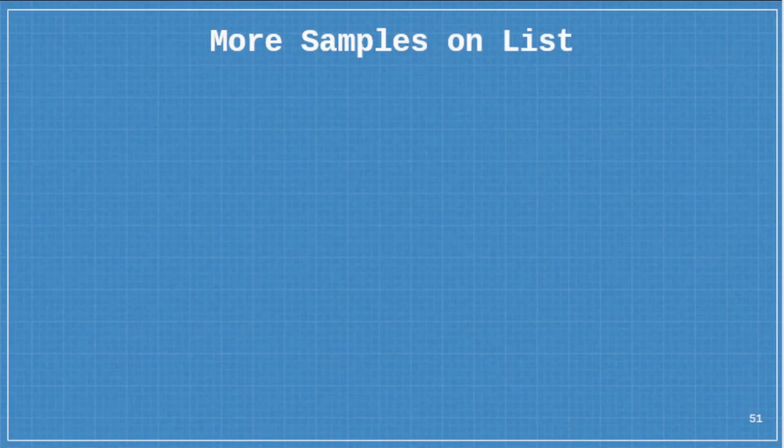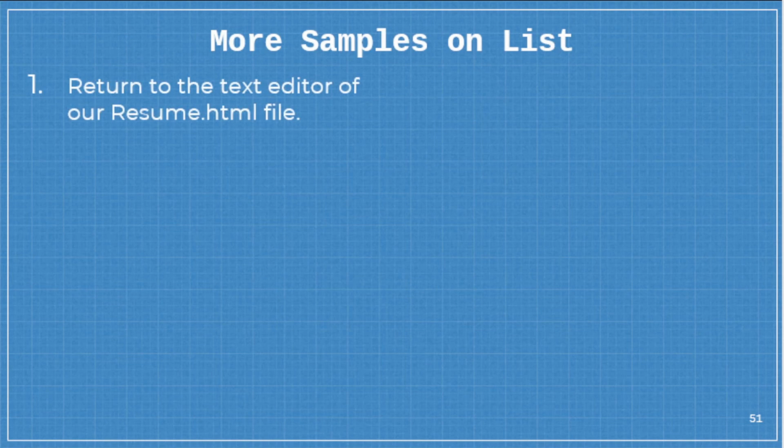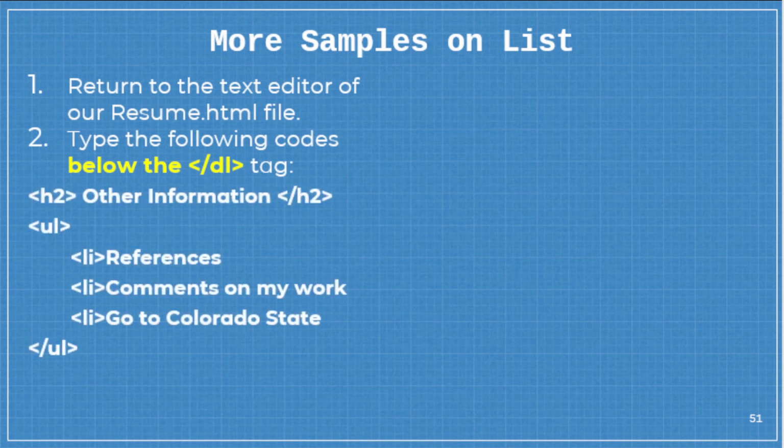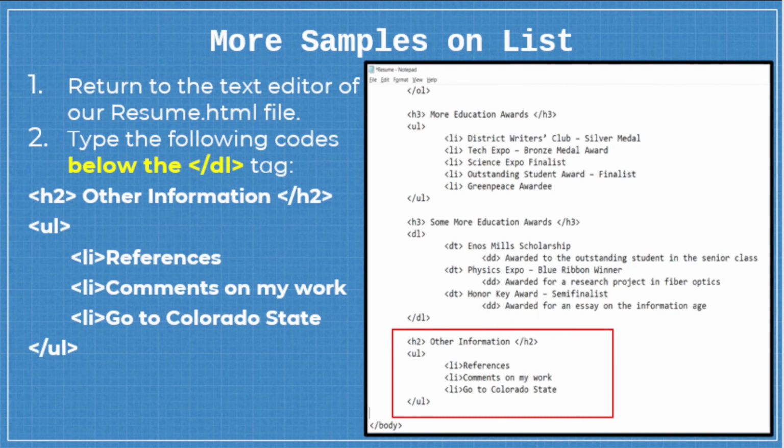Alright. Let's add some more. Type the following below the /dl tag. Okay, so we have h2. Here it is, right? This is the /dl, this statement here. Type below the /dl here.